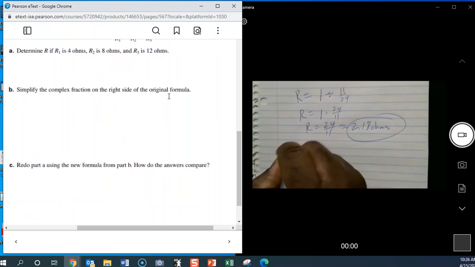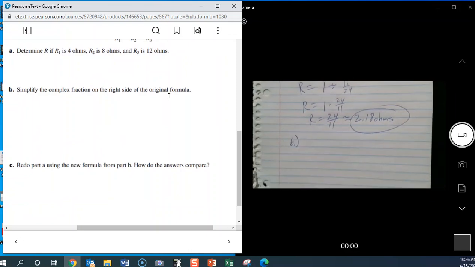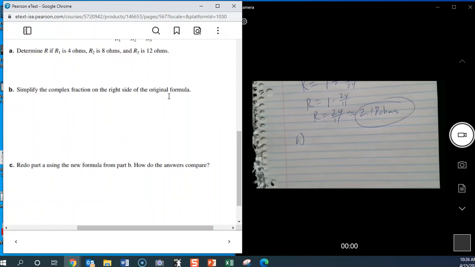All right, now we move on to B. Now B, it says simplify the complex fraction on the right side of the original formula. So basically what they want us to do is find out what R is equal to, but they just tell us to concentrate on the right side of the formula.